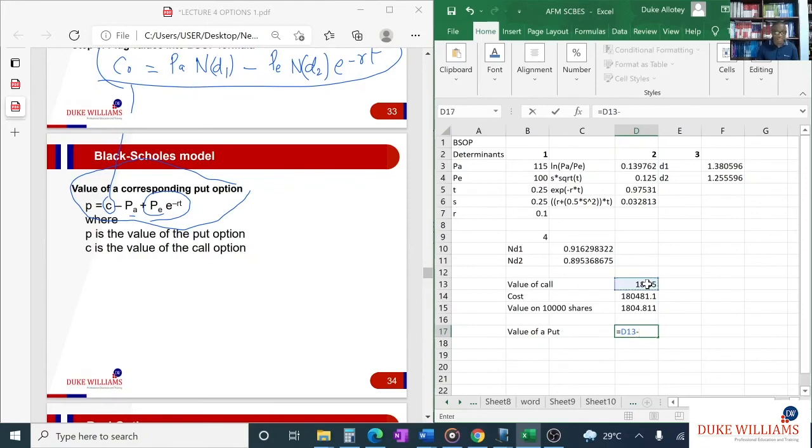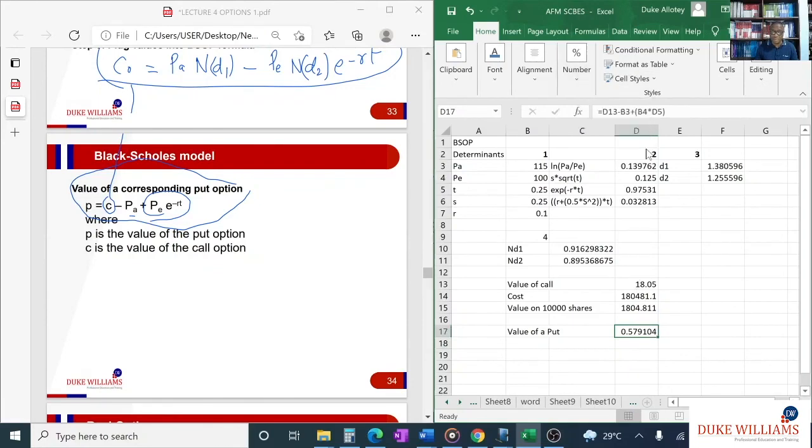I'm subtracting PA, I have that there, and I'm adding, there are two things, so I'm in a bracket, PE multiplied by exponent that, and that should give me the corresponding value of the put option.